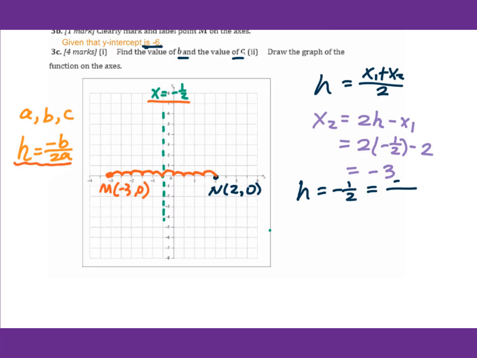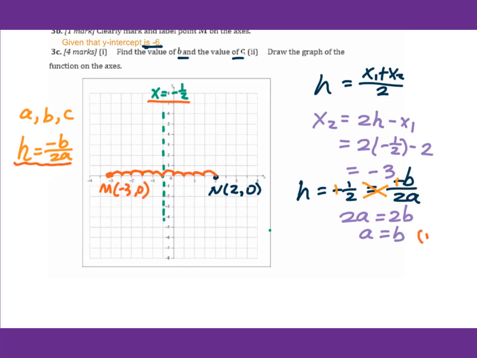You will write down negative B over 2A. Then cross multiply. Negative, negative is positive. Both sides will change sign. You will get 2A equals 2B, meaning A equals B.